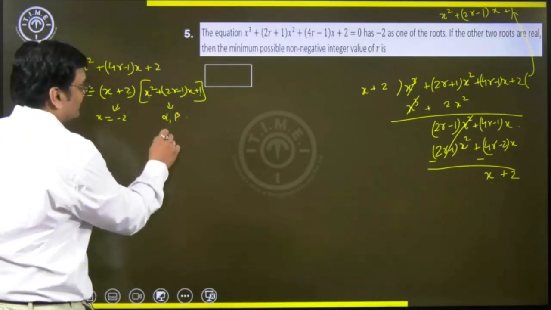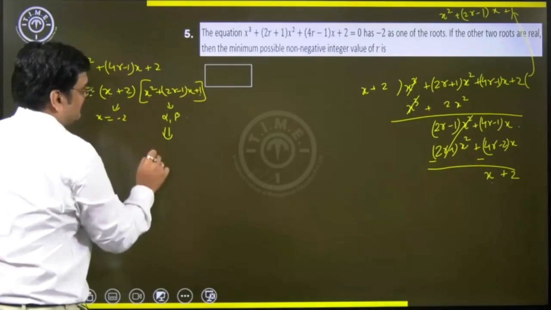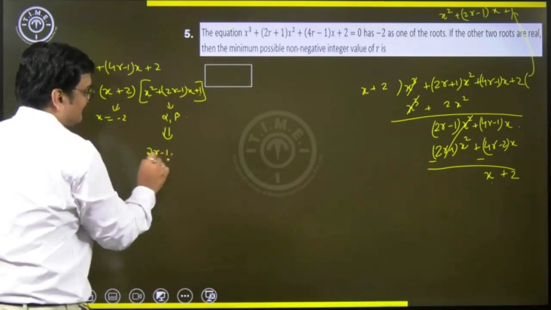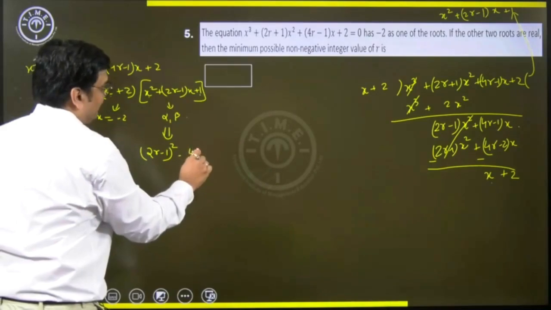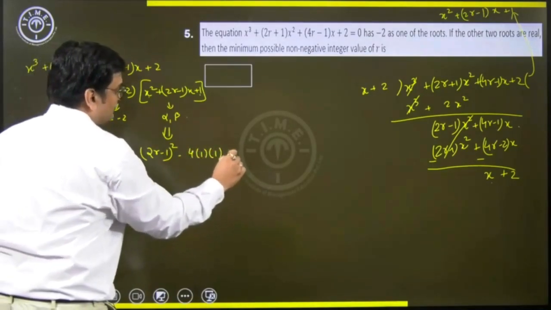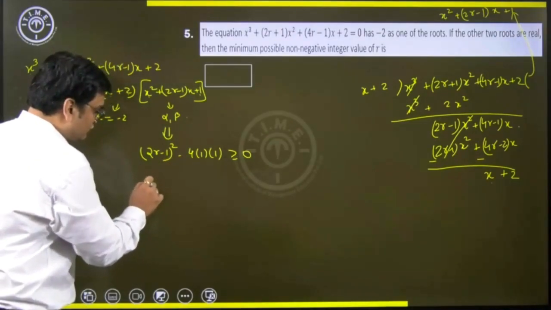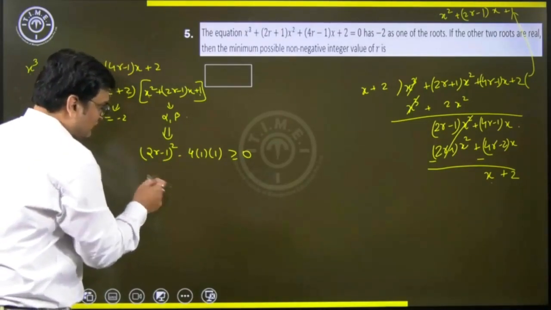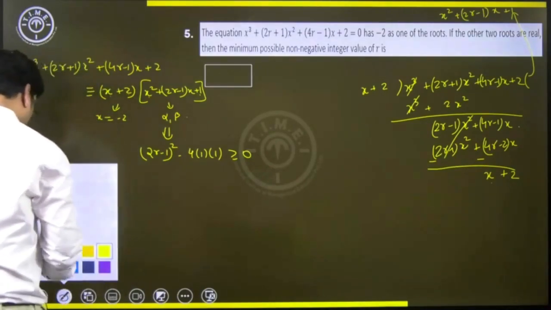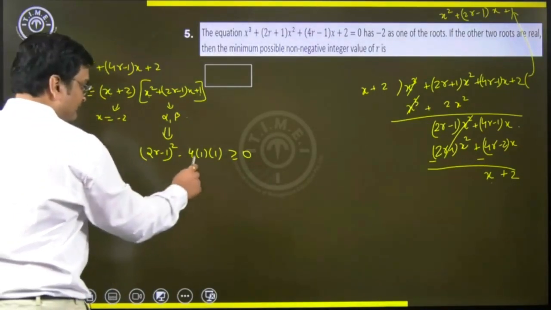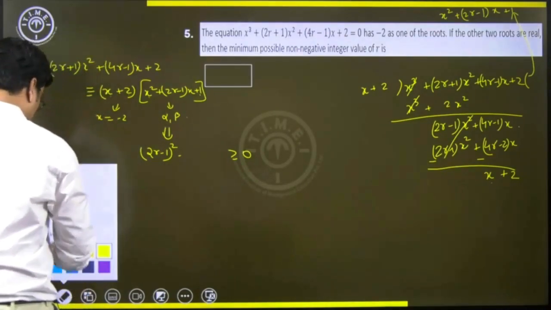So that would mean the discriminant, b square minus 4ac, where c is also 1, should be greater than or equal to 0. Simplify. So this will be (2r minus 1) the whole square minus... or we can think like this, this 4 is nothing but 2 square.